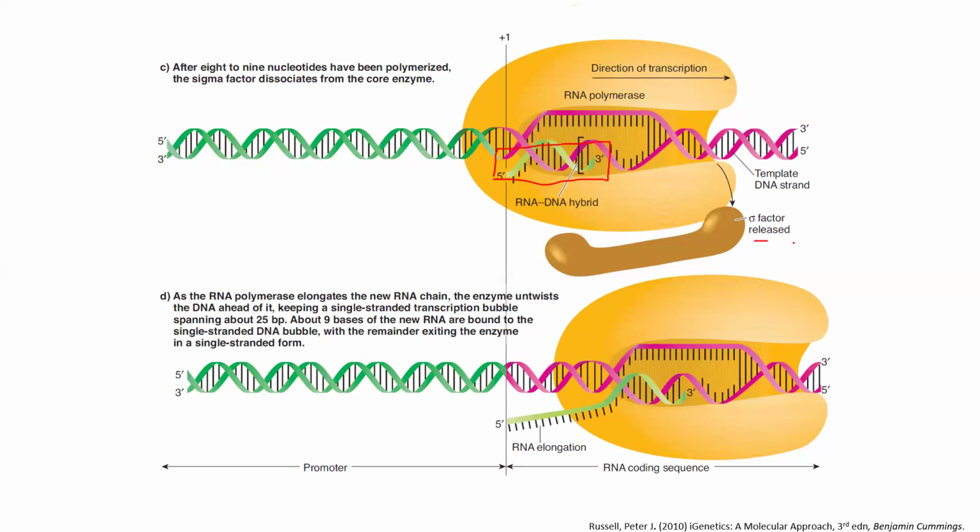So sigma factor is released, and it leaves the core enzyme because sigma factor is not required for the elongation and termination stages of transcription. We have seen this in the previous lecture as well.